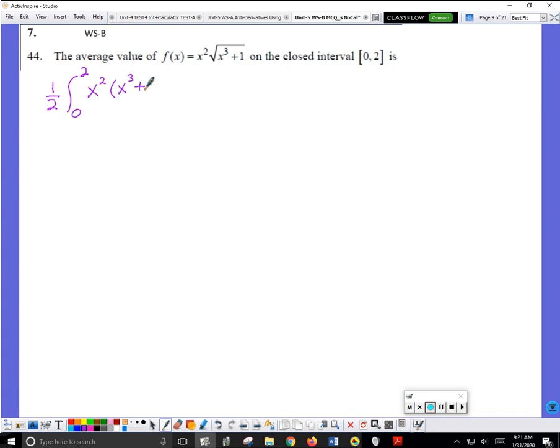When I'm taking a derivative, I prefer to leave it as a square root because the rule I have looks like this. The derivative of square root of something is equal to 1 over 2 times the square root of that something multiplied by the derivative of the something.